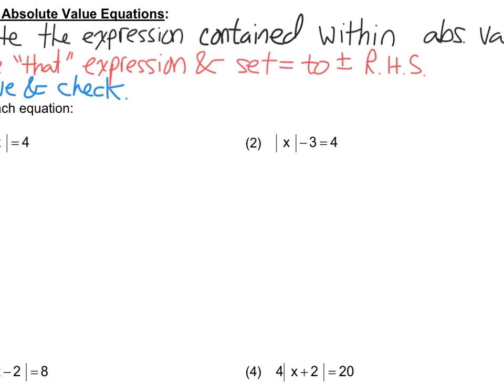This last part here, solve and check, it doesn't seem like it's telling you anything until you reflect upon all the different ways that we've learned to solve within this course. One way involves quadratics, and that's broken up into different categories: factoring, completing the square, quadratic formula. Right? If it's a simple linear equation, it's just a matter of getting x alone. So it could be very easy, or it could be a little bit more complicated.